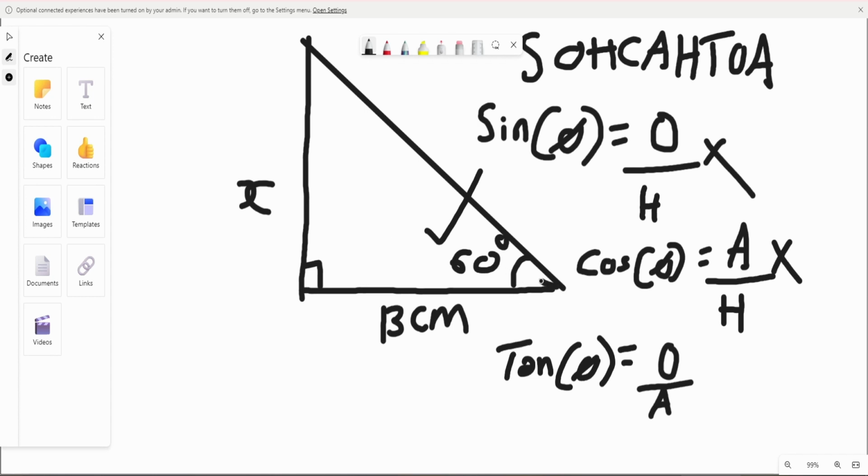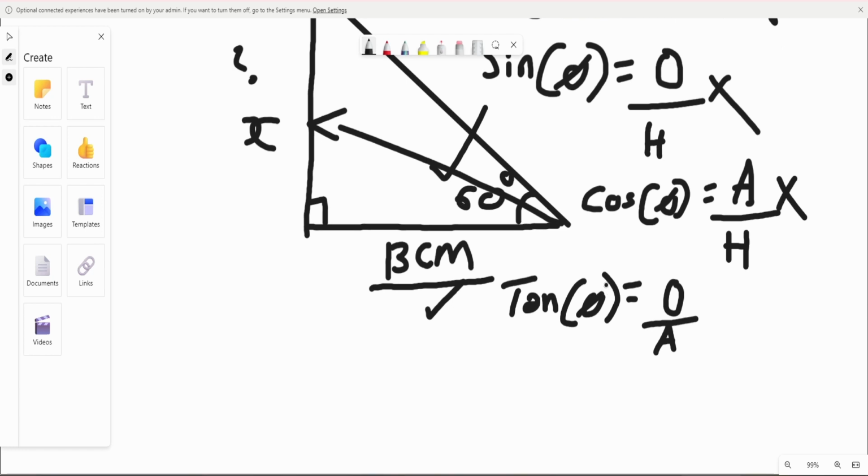So here the opposite side is this right here, our length, which we still do not know. However, we do know the adjacent. We have the angle given, we have the adjacent given, and we're just trying to find this. So therefore we can rearrange this equation to find our unknown side.